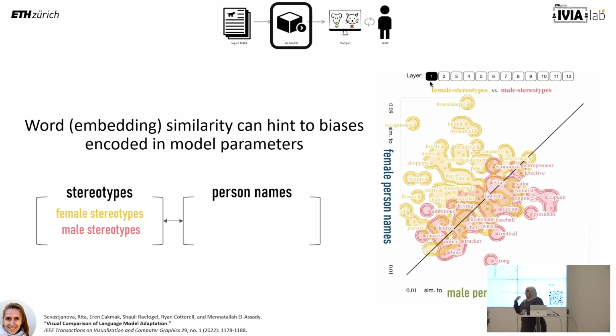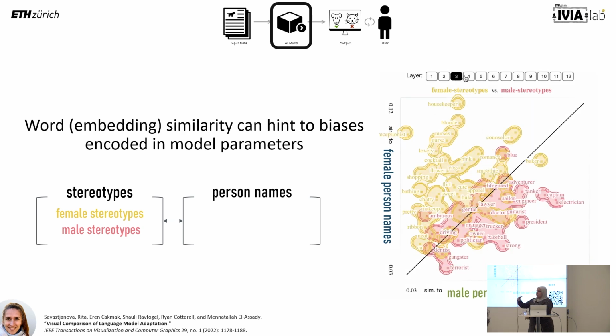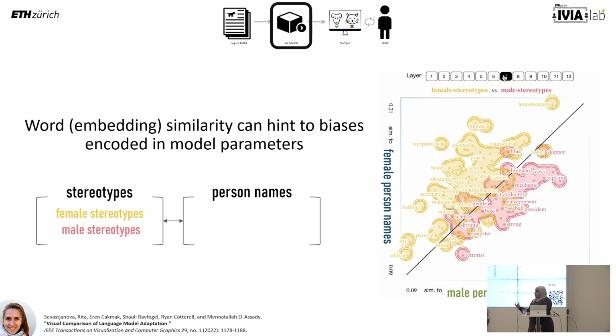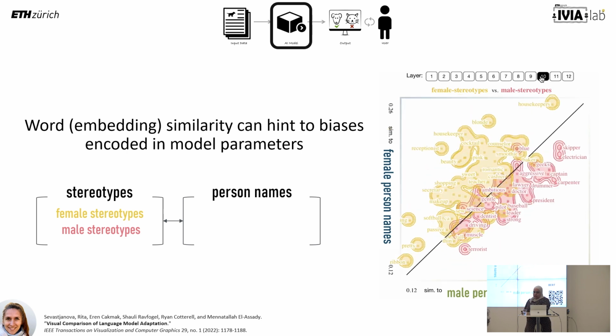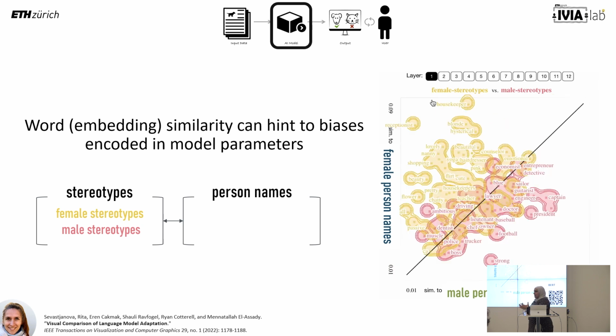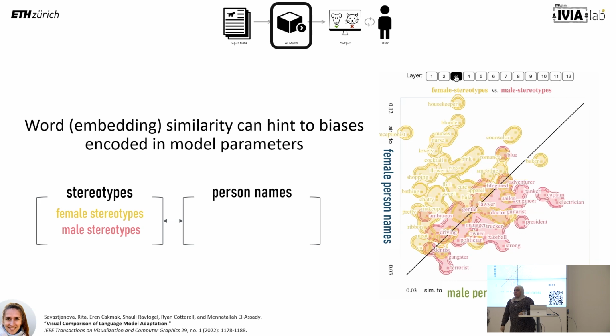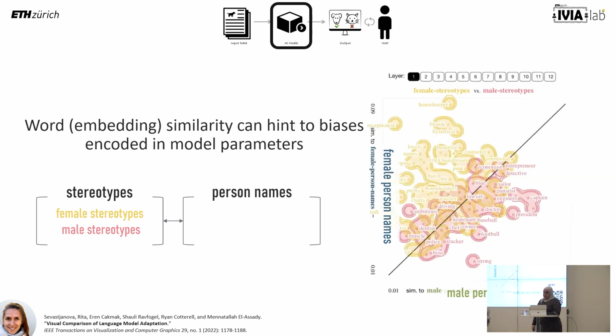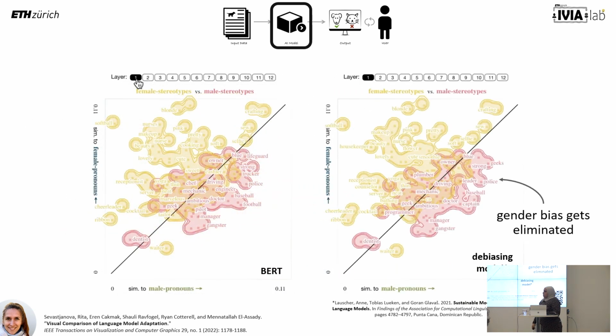One of the questions here is to go through the different layers and see how that changes during the training, and then ask ourselves, can we get a better distribution that does not separate male and female pronouns as much? So here's another model that was aiming to de-bias that particular aspect.